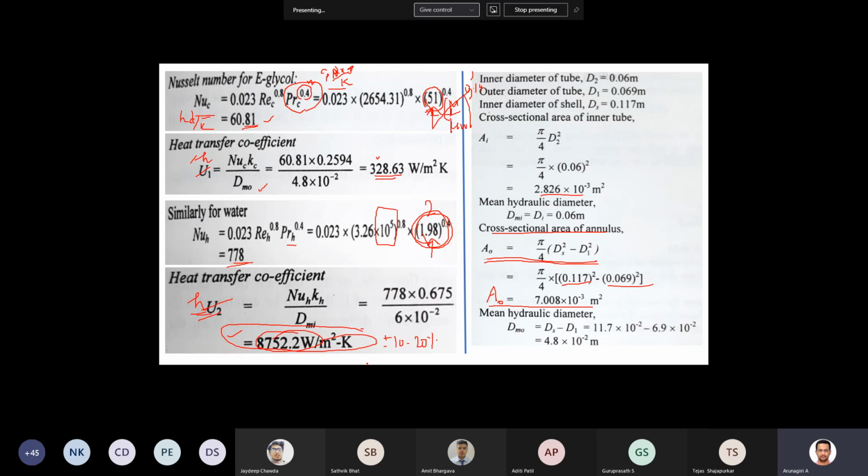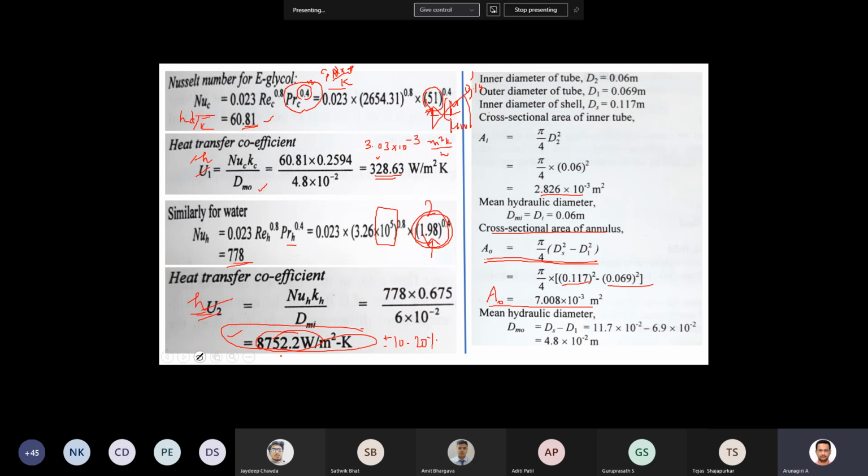If you take 1 by h, that is 1 divided by 330, this is your resistance. The resistance for this ethylene glycol is 3.03 into 10 power minus 3 meter square Kelvin per watt. The inverse of resistance gives the heat transfer coefficient.